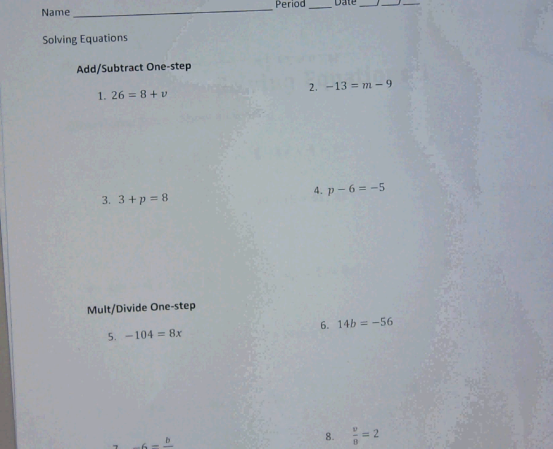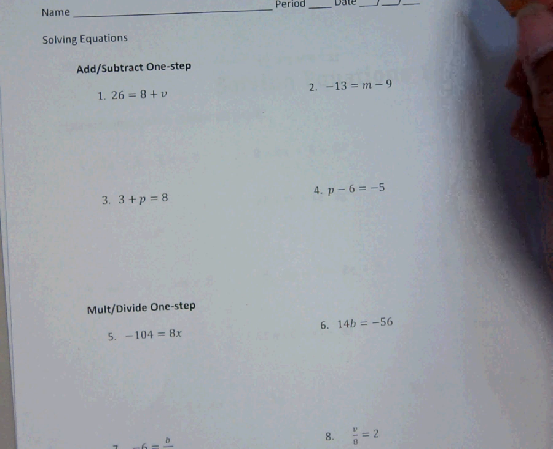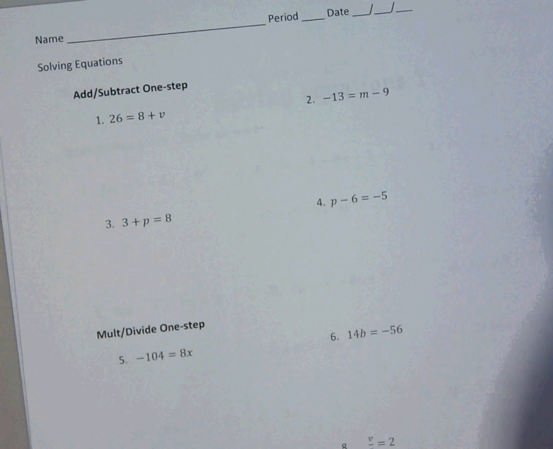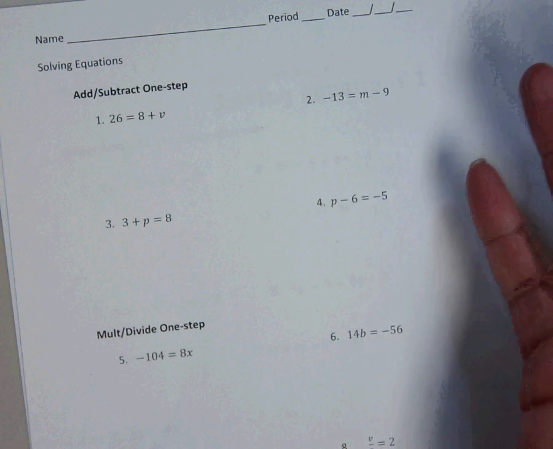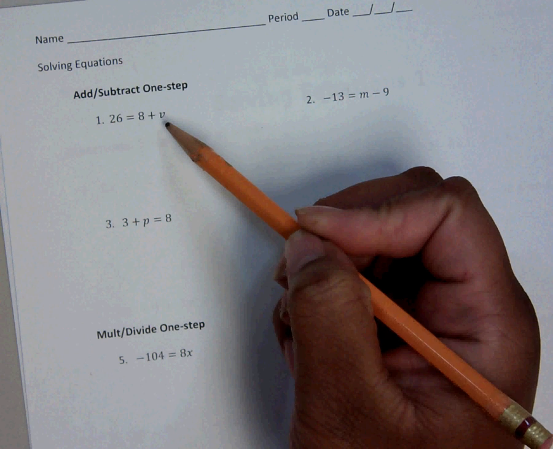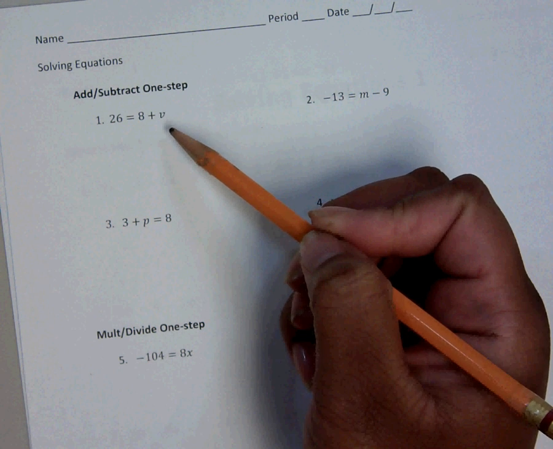And the answer is going to look like x equals something or m equals something. We are going to isolate the variable, meaning to get the variable by itself. Let me show you. To isolate the variable, to solve for v, to get the letter by itself, you need to do inverse operations.